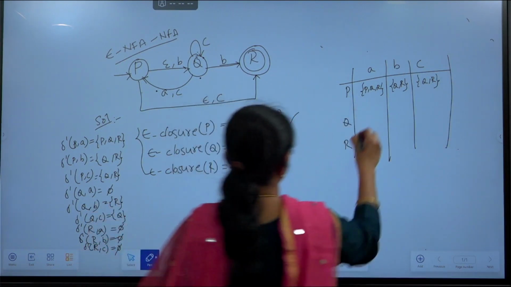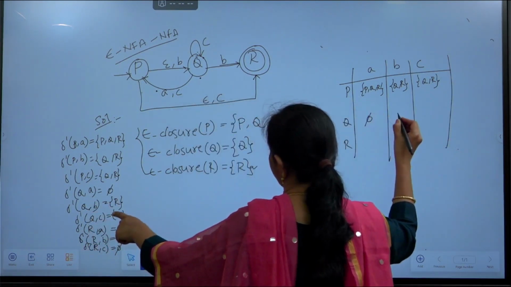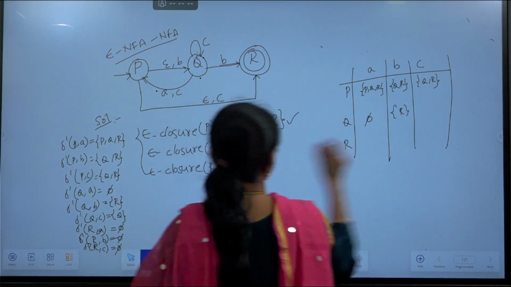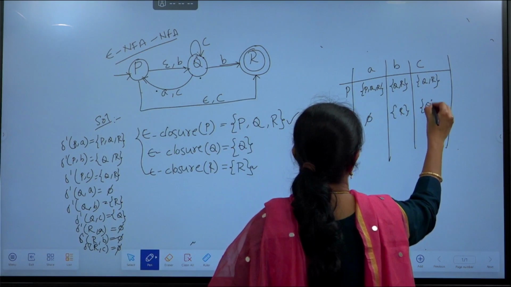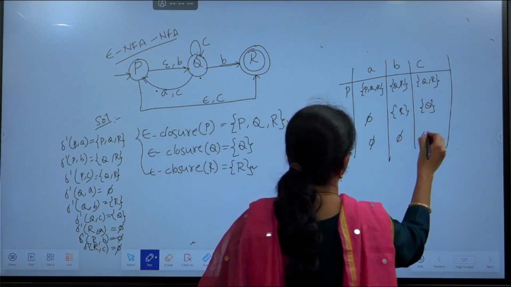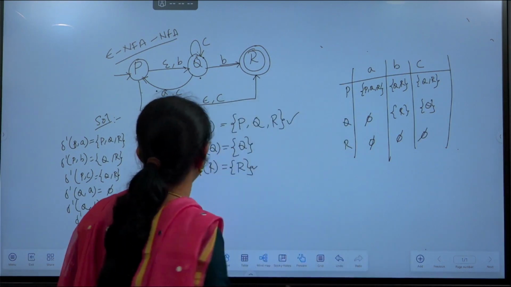Q on input alphabet A phi, B we have R, Q on input alphabet C, Q. Next R on input alphabet A, B, C, all are phi because we don't have any transitions.